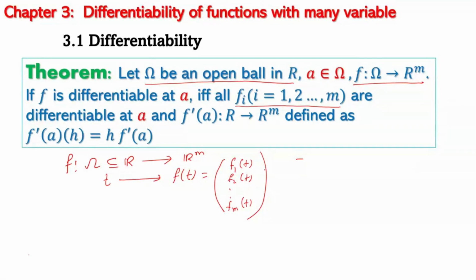So f is differentiable if each of f1, f2, ..., fm is differentiable, and f dash a will be (f1 dash a, f2 dash a, ..., fm dash a). This is the general definition, but since it is a function, we have to take it operating on h, so in this case it will be multiplied by h.